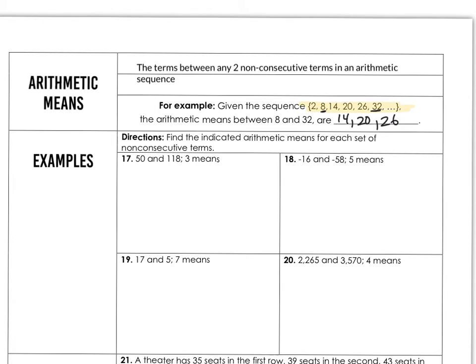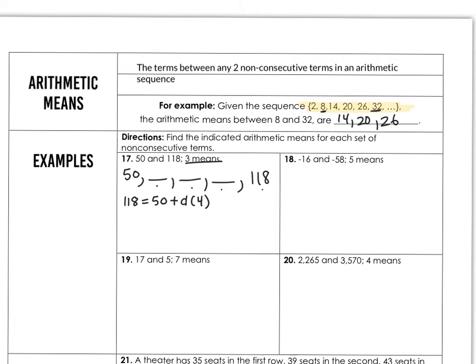So like on number 17, we have 50, and we want 3 means, so I'm going to draw 3 blanks here, and then the last one's 118. Now I've got to figure out what they are. Well, I'm going to use what I know. To get to 118, we take the first term, we add our common difference 4 times because there's 4 steps there. 1, 2, 3, 4. So I can solve this and find out what the D is.